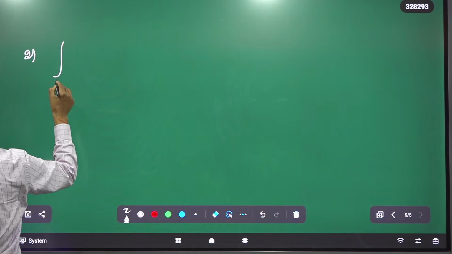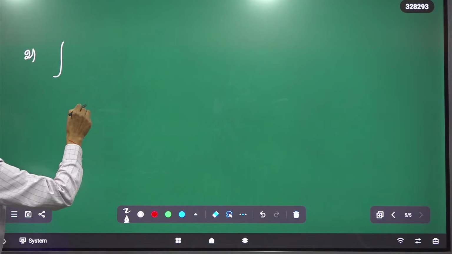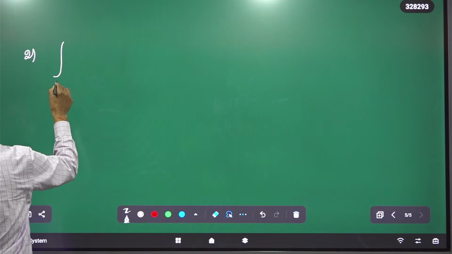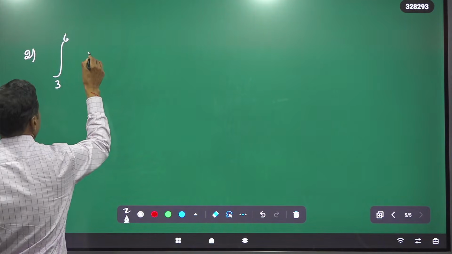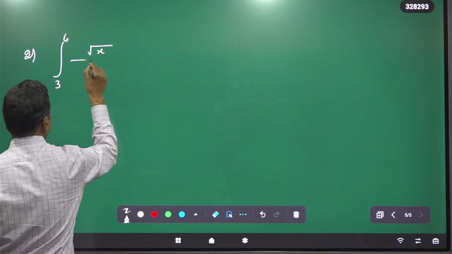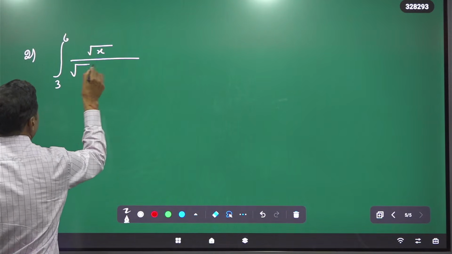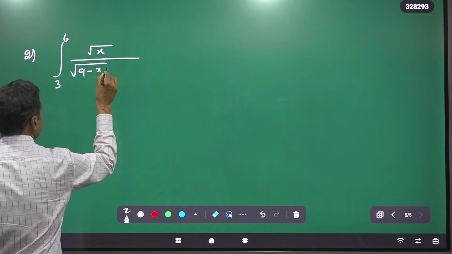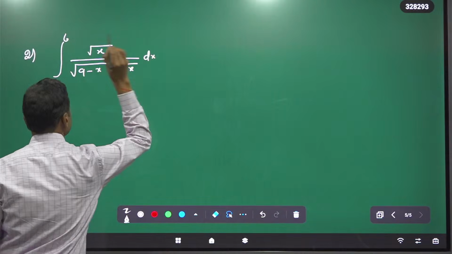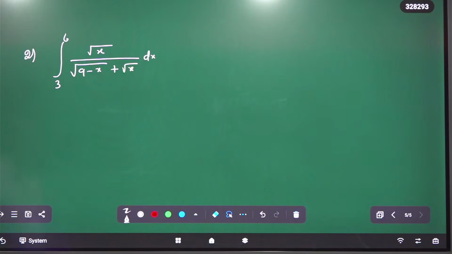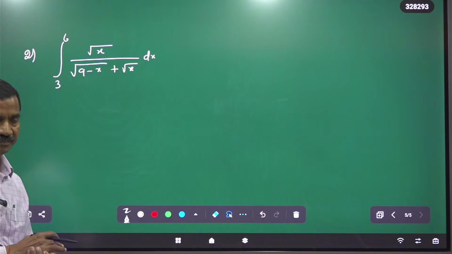Integral of 3 to 6, root x by root of 9 minus x plus root x dx. Integral of 3 to 6, root x by root of 9 minus x plus root x.